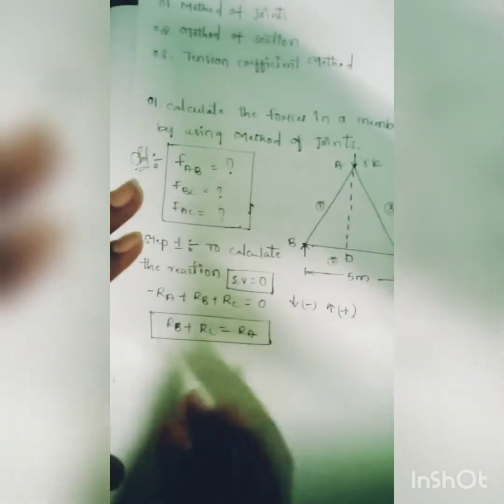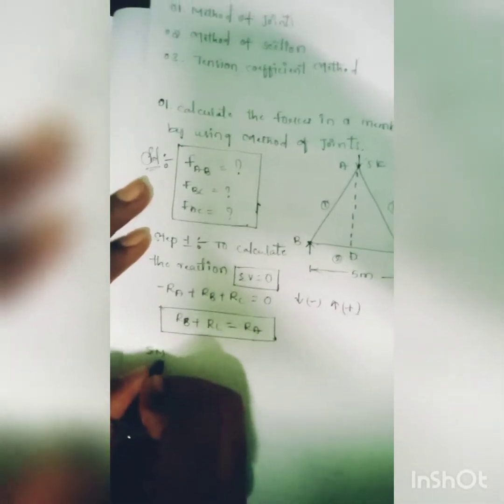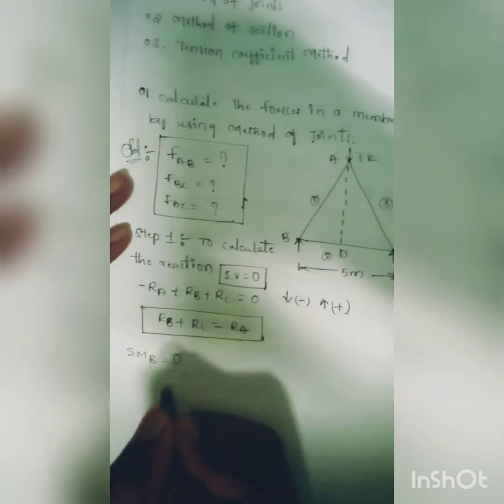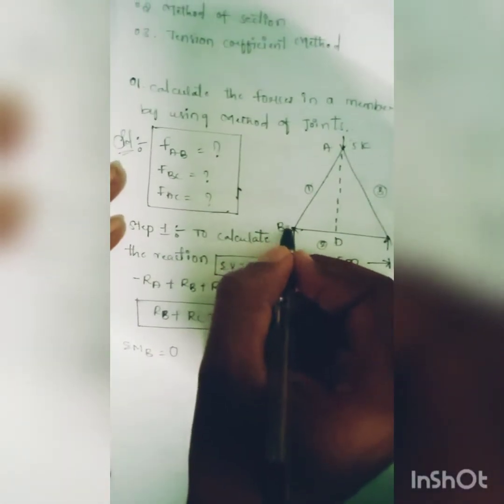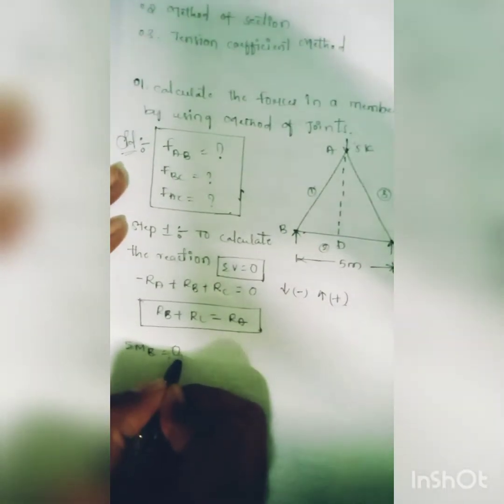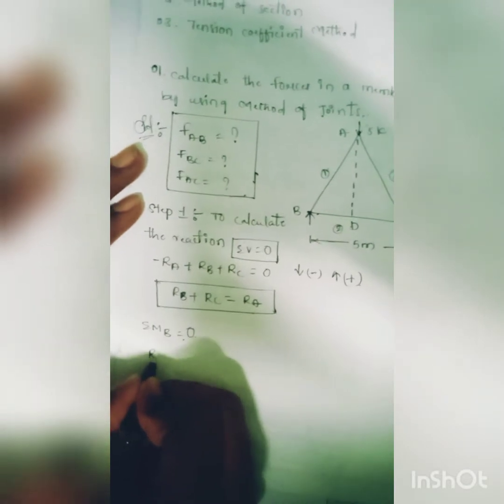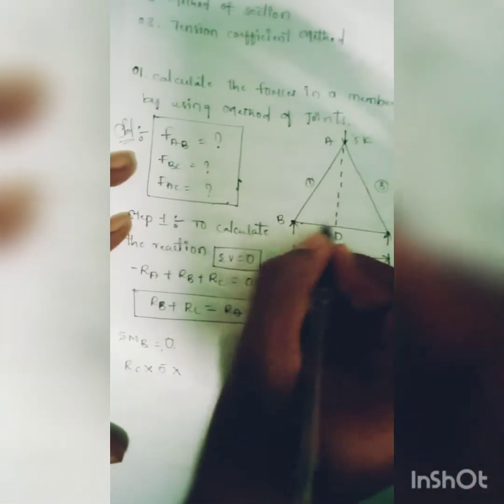Now sum of moments at B equals 0. This is B. Then RC into the total distance, how much? 5, into the load 5 into this distance BD.